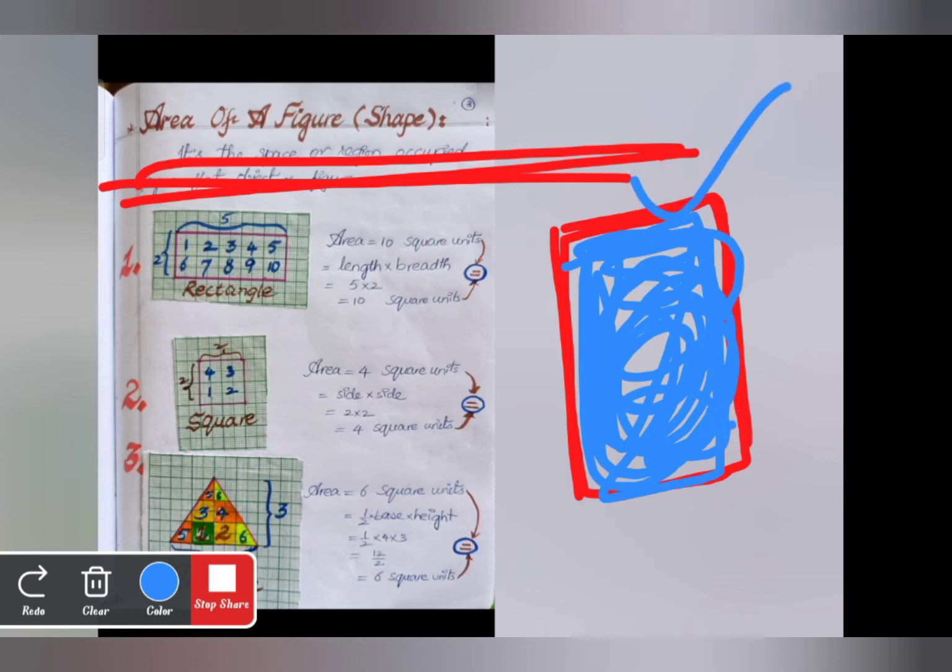For example, you are placing your palm on a bench or on a desk. How much area of the desk is being covered by your palm? That will give the area of your palm. Okay. So we will try to find out the formula of these figures, like how we found the formula for perimeter of rectangle and square.